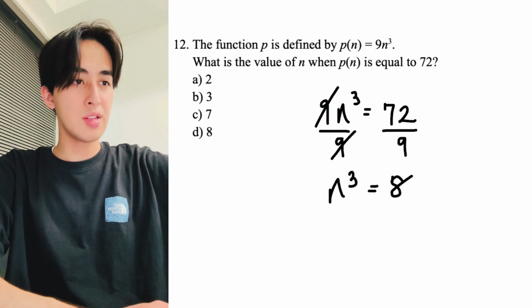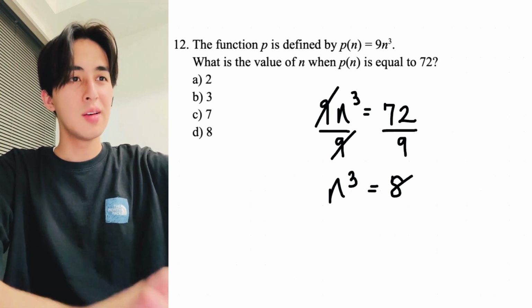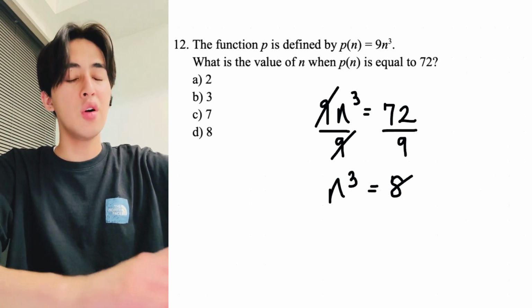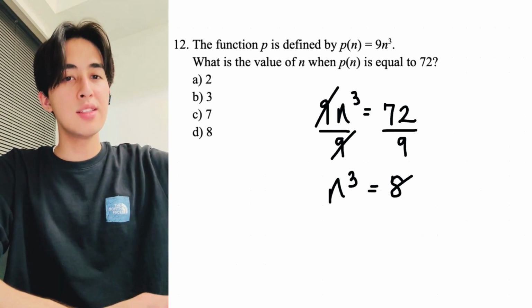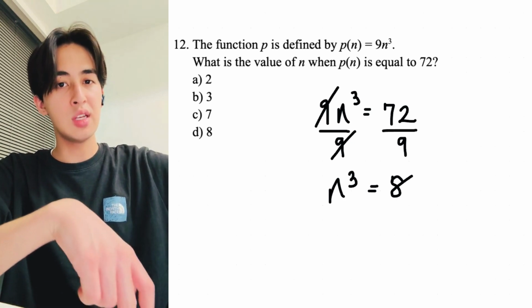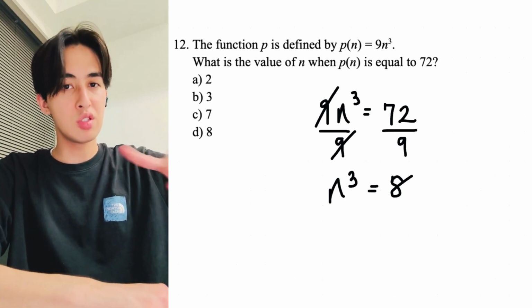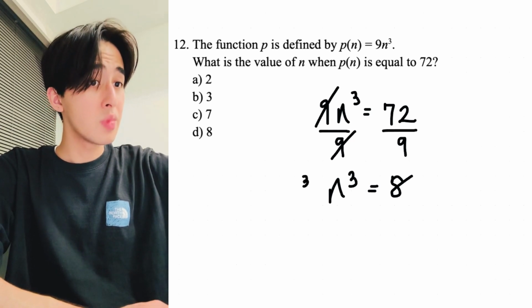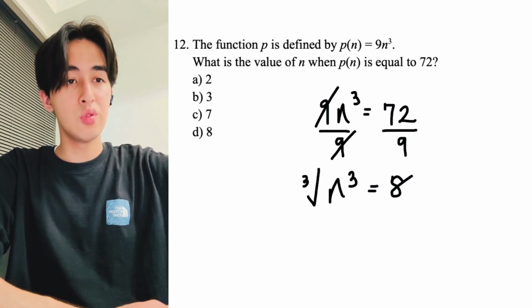But this is not our answer. Our answer is not D, because what they're asking us is to find the value of just one n. This is n cubed, in other words, n times n times n. We just need to find the value of just one of them. So what we can do is find the cubic root.